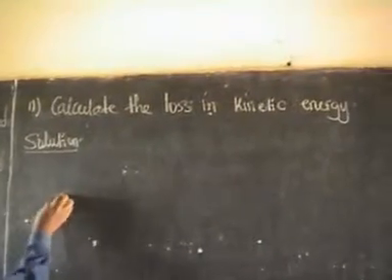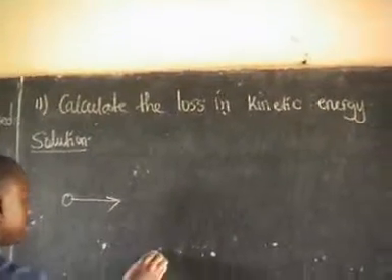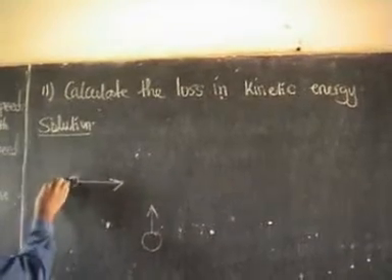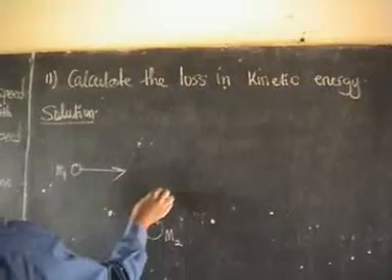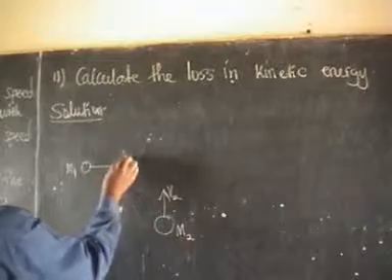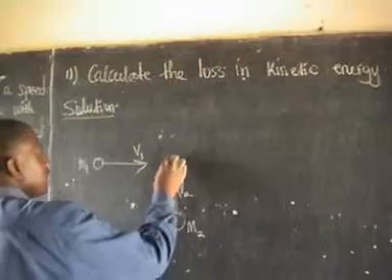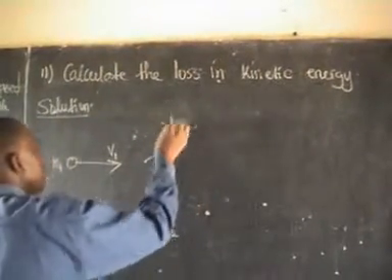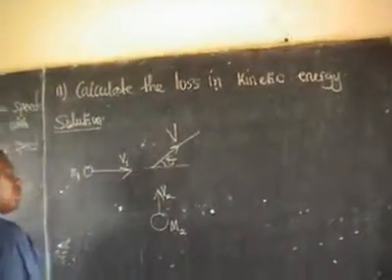So we are having our system of two bodies moving in the given. So this is of mass m1, this is of mass m2. This is moving at speed v2, and we are told that these two collide, and after collision they move with the velocity which we are calling v, making an angle theta from the horizontal.